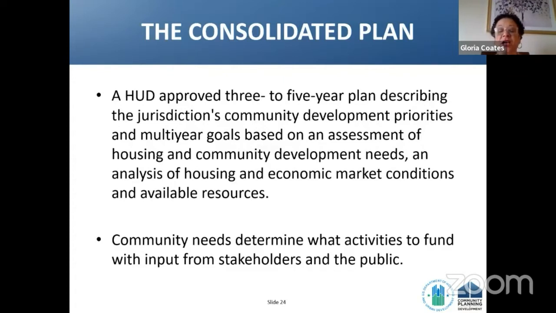Now, stakeholders are not just everyone. A lot of those are the businesses that are in various areas, the nonprofit organizations, community organizations, health clinics, your health services, and many other types of entities that can weigh in during a public hearing on the needs of a community.